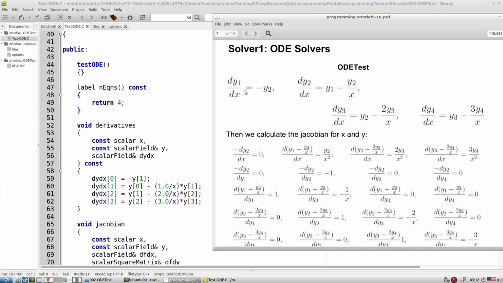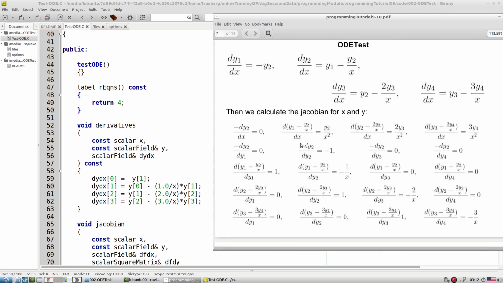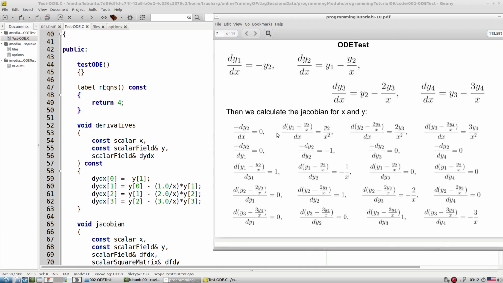So first we have del f1 by del x. I think the first one is the independent variables.